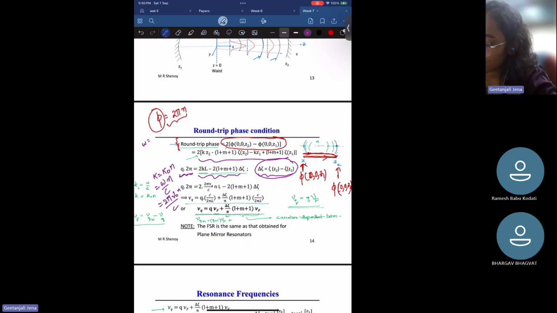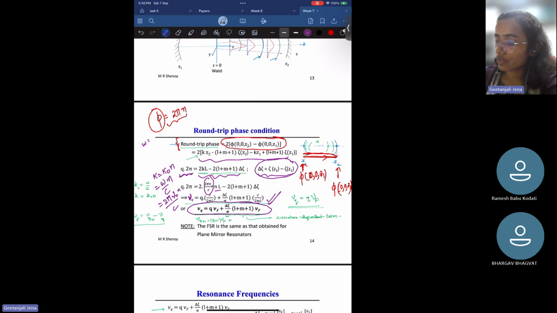So we just put the value of k here and rearrange this expression to get the value of the frequency. The frequency we got is ν_q, this expression, and if you see the final form, this is for the spherical mirror resonator.